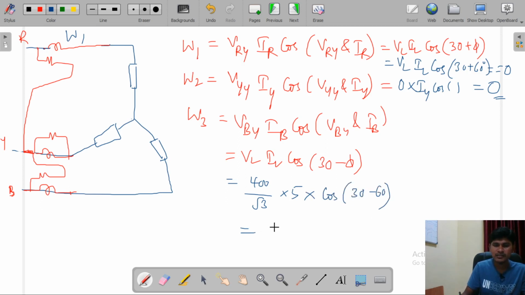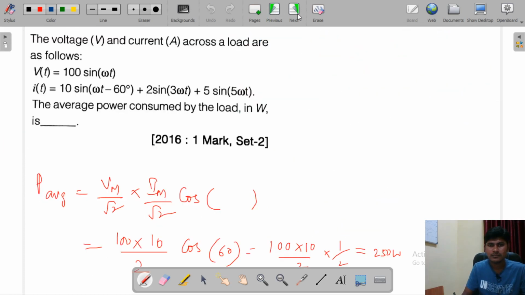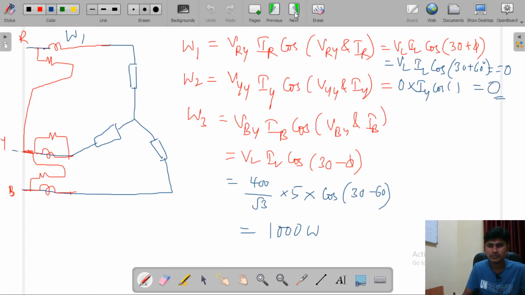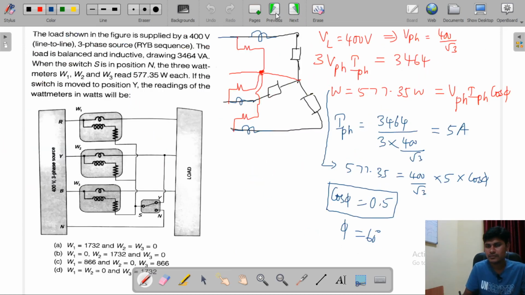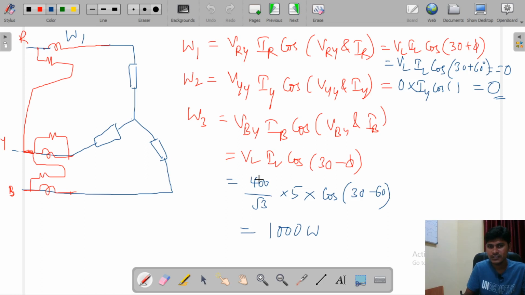Then you are going to get 400 into 5 into cos 30. Sorry, it is VL, right, not V phase.